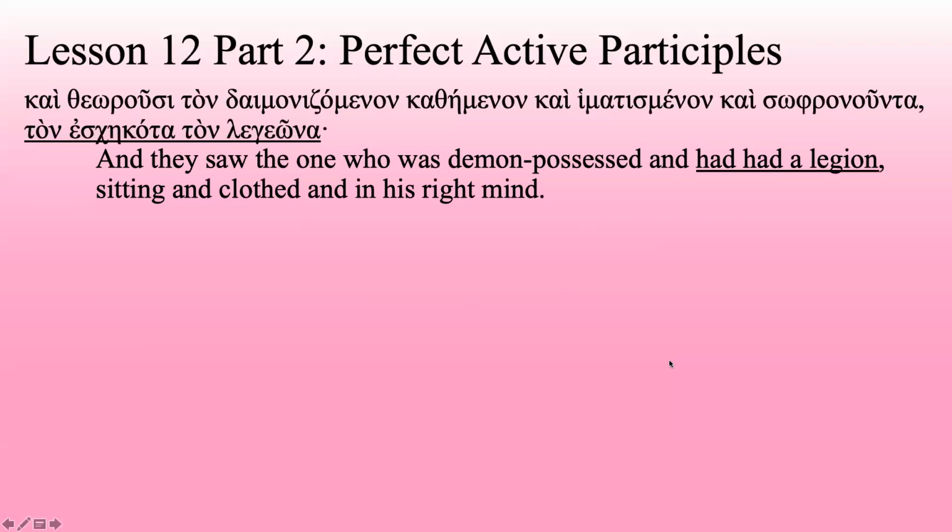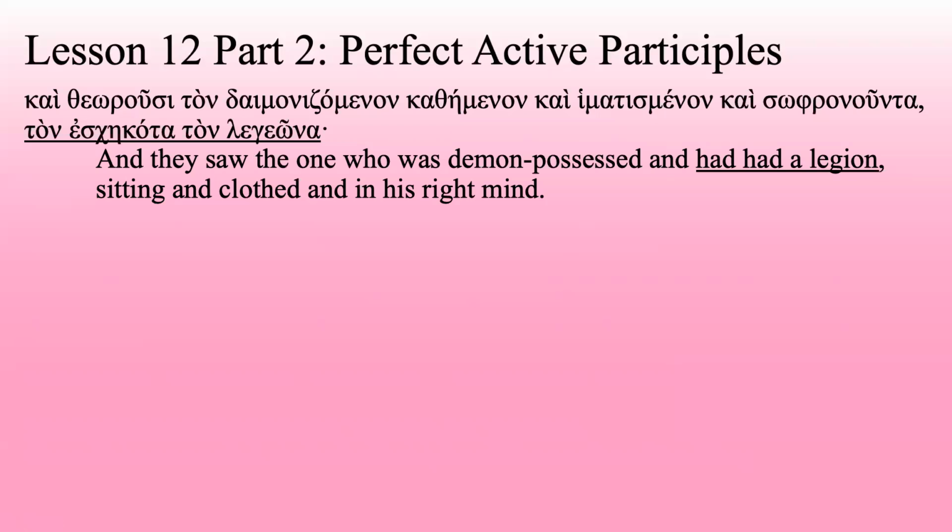Here's another example. And they saw the one who was demon possessed and had a legion. Now he's sitting and clothed and in his right mind. So sometime in the past, which is done and over with, this man had some demons, but now he, as the story tells it, now there's the person telling the story about what has happened in the past.